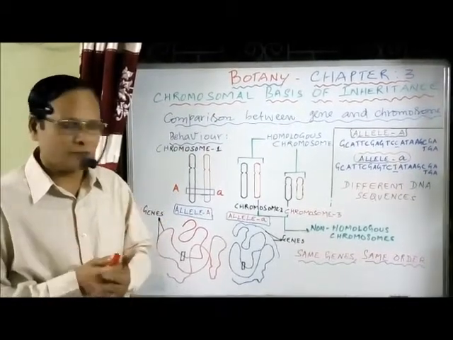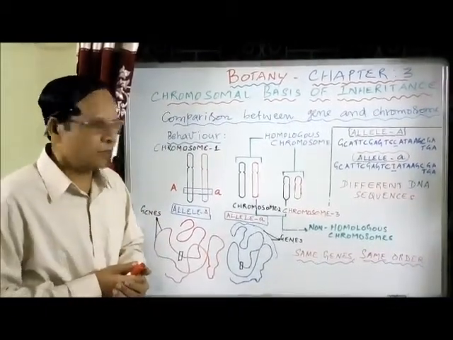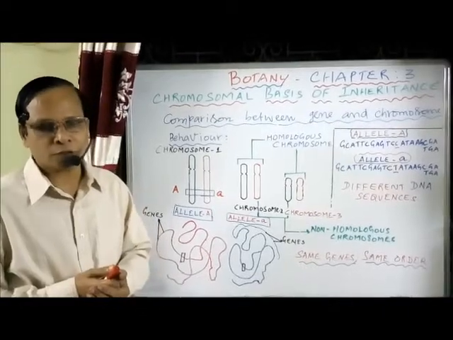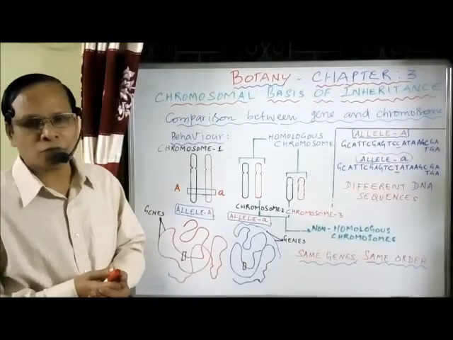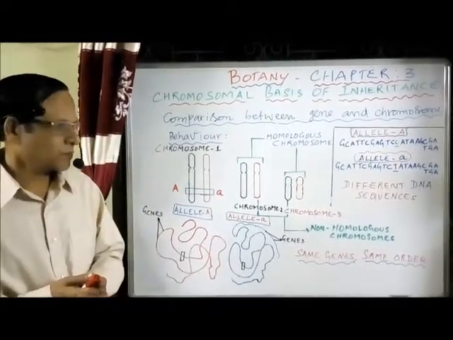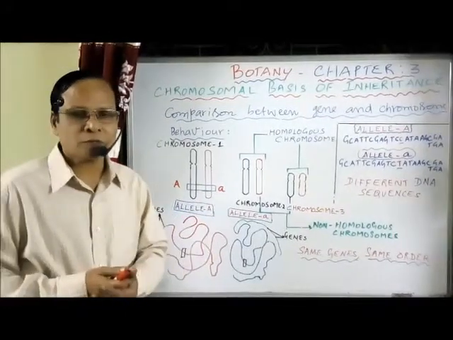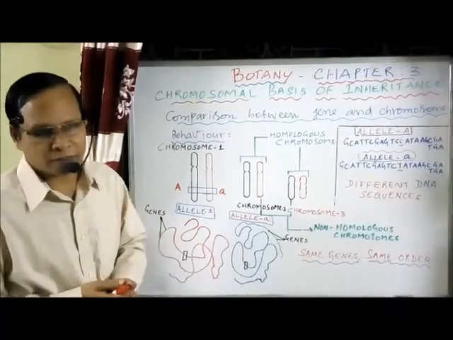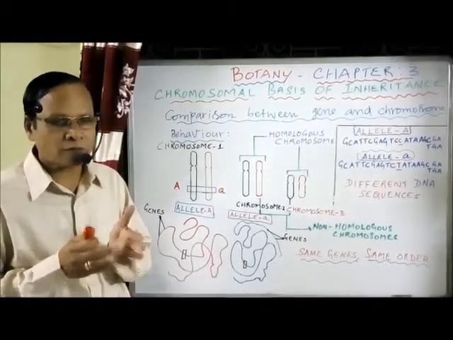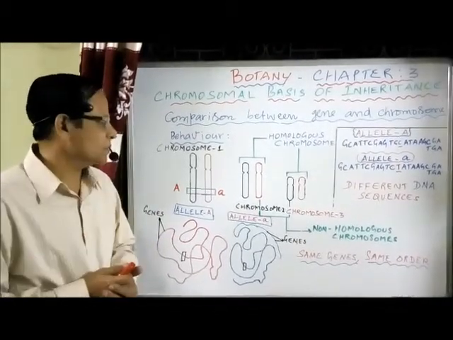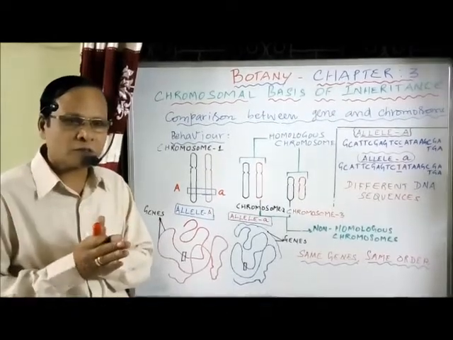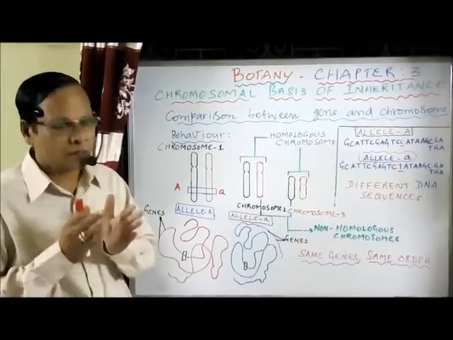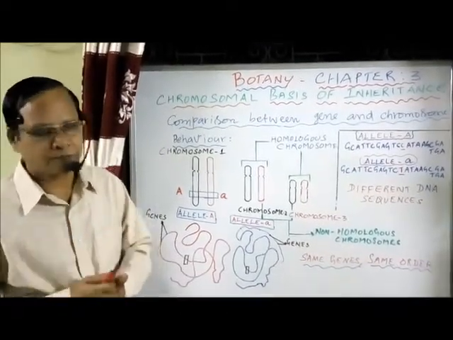The highest number you can see is in Ophioglossum, about 1262. The lowest number of chromosomes in plants is in Haplopappus gracilis, the slender golden weed. So the chromosome number is constant for all the cells of a species.